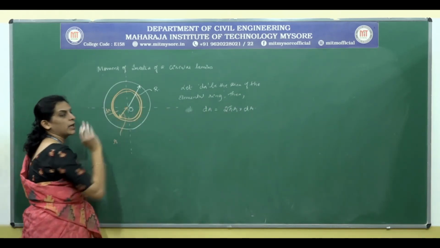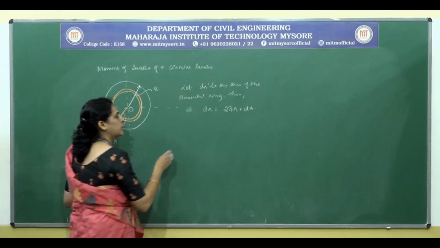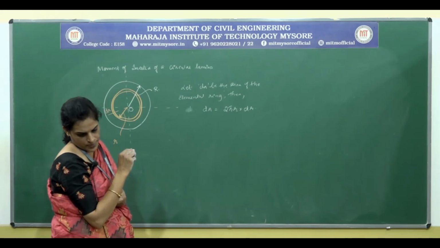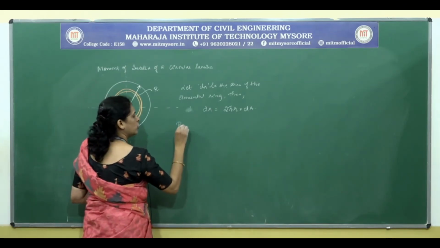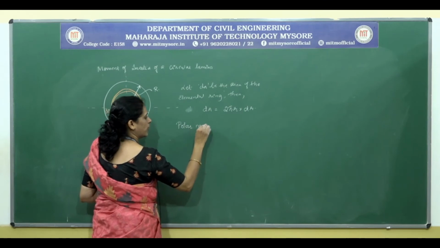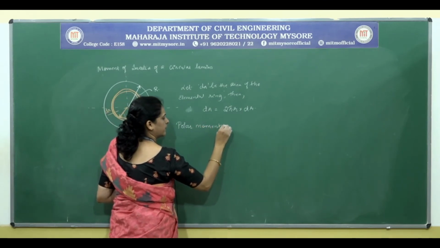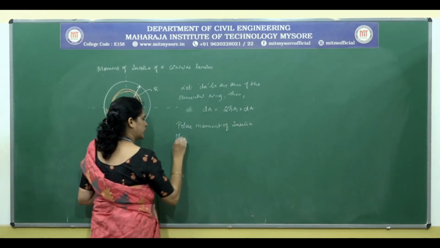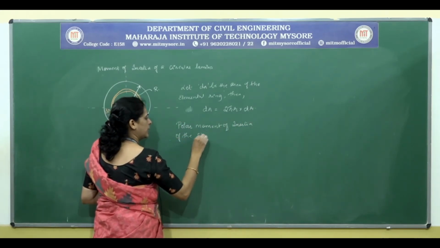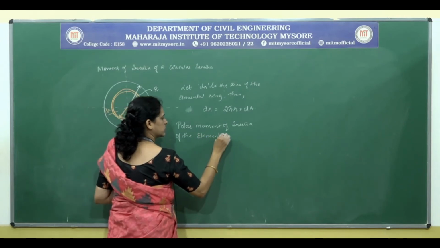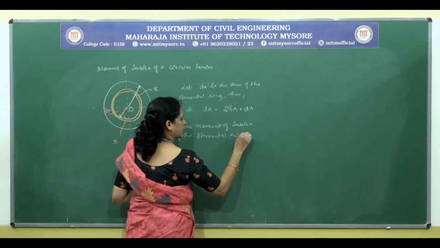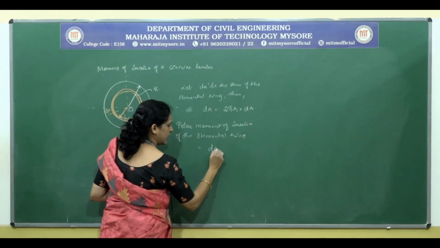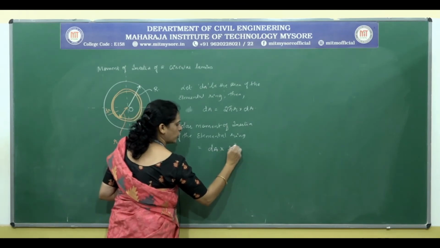Since it is a circular lamina, we will consider the polar moment of inertia. Therefore, the polar moment of inertia of the elemental ring is equal to area, represented as dA, into square of the distance.